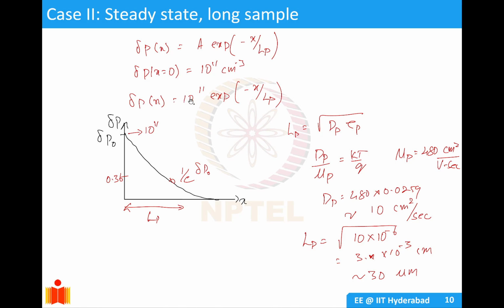So delta p of x is 10 power 11 exponential minus x by Lp. Lp you can also calculate from the given values. It comes to around 30 microns. So Lp is the value at which delta p of x becomes 1 by e of the initial value, which is about 0.3 of the initial value, which comes to around 30 microns from the given values.